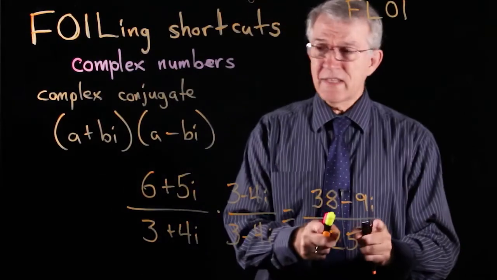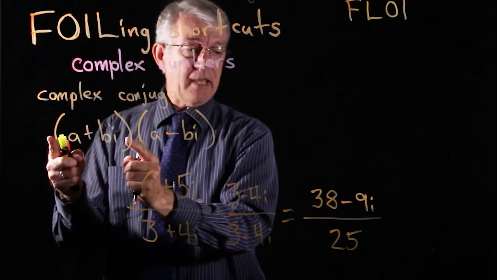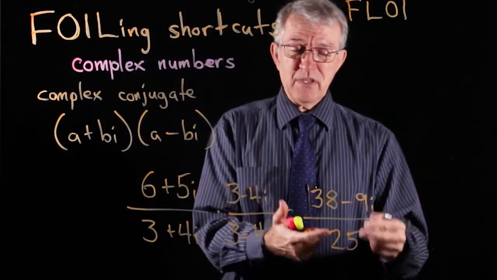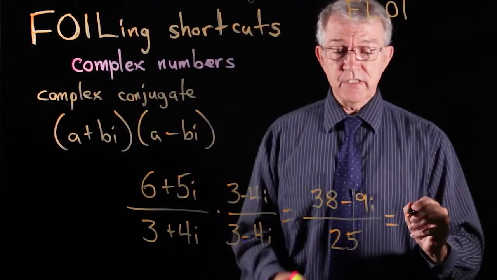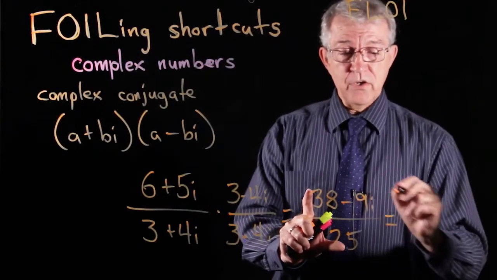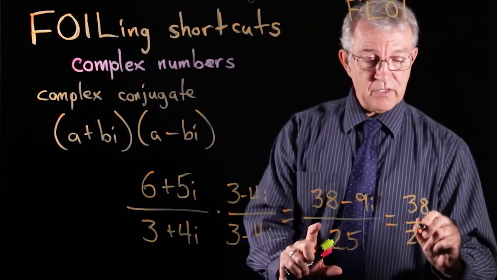The reason is this answer doesn't look like a complex number. It doesn't look like a plus bi. It looks like something that looks like a complex number, but then it's part of a fraction. And so what the scientists and engineers especially like to do is they split up the terms of the numerator. So we have a 38, and we put that over the 25.